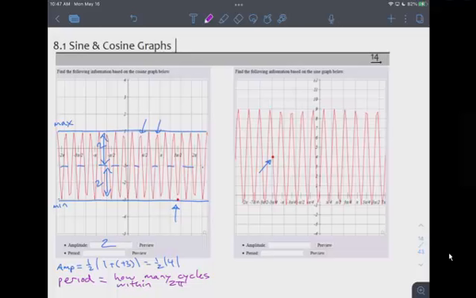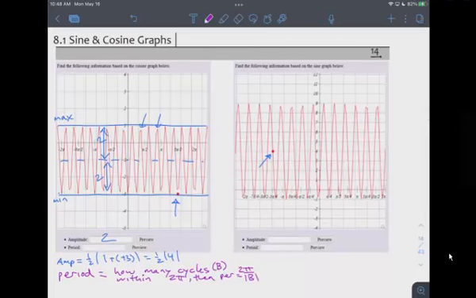If you find out how many cycles there are within 2 pi, that is your value B. How many cycles? That's your B number. And so the period is 2 pi over B, or the absolute value of B. So if you count how many cycles there are and find that B value, you can identify the period.